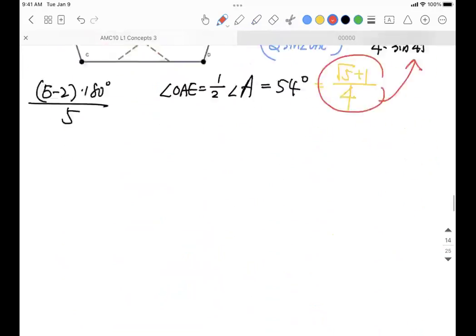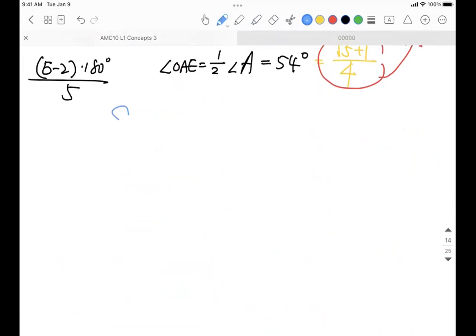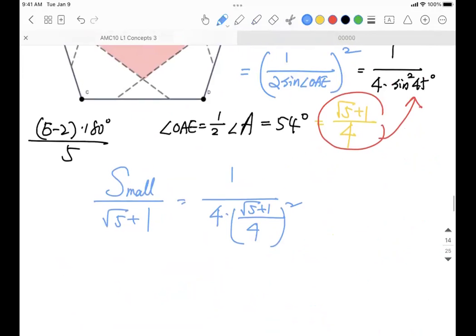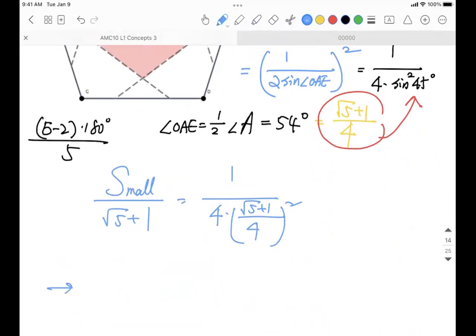So now you have S small equals 1/4 times the square of (√5 plus 1)/4. You solve this and you get your value for the small one. I don't really have the final answer here, but you just calculate it and you get what you need.